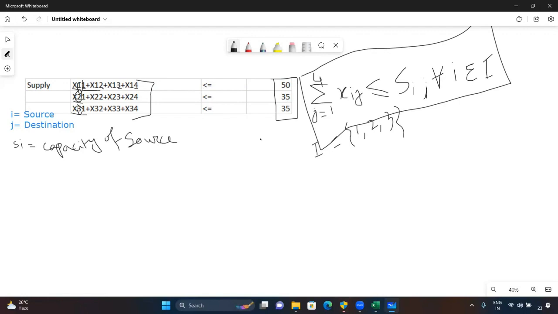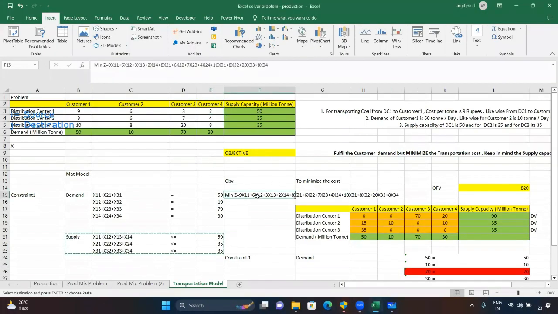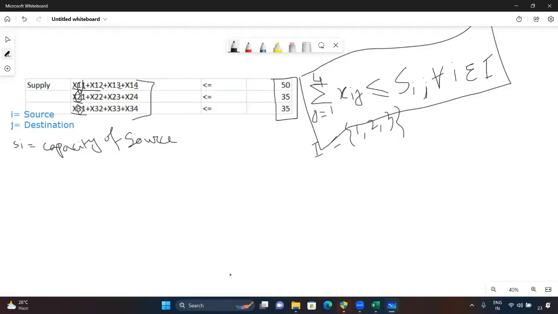Okay. Now we are going to see how to formulate the objective function in a more compact way. We are going to use the same logic that we did as of now.